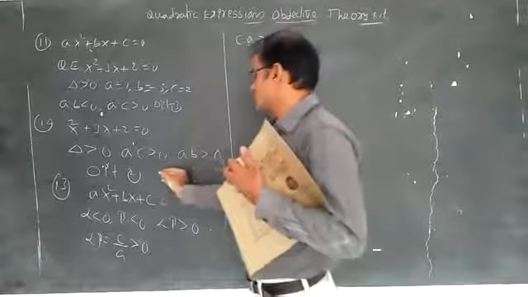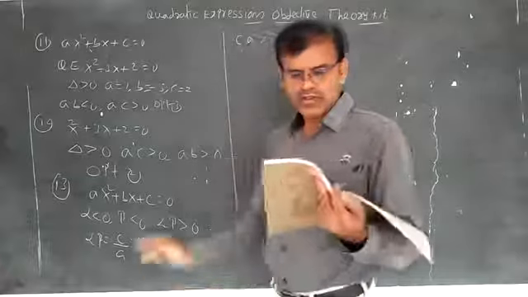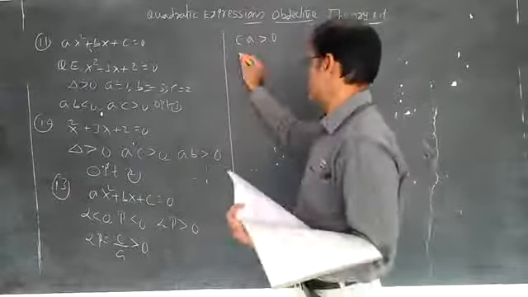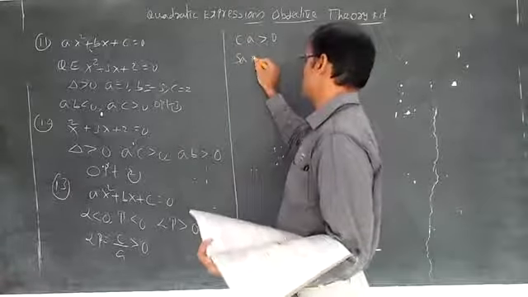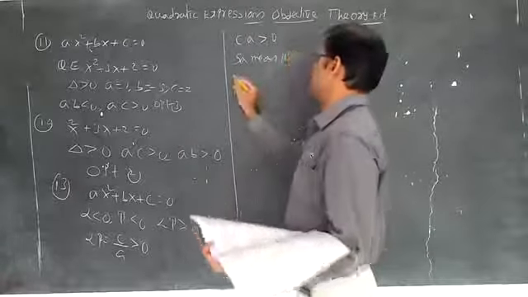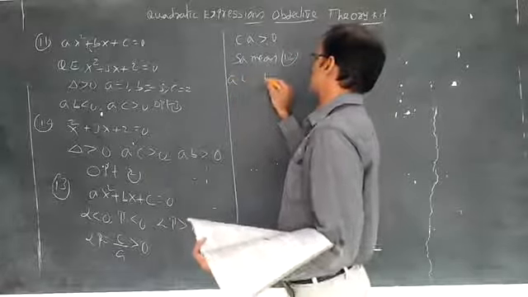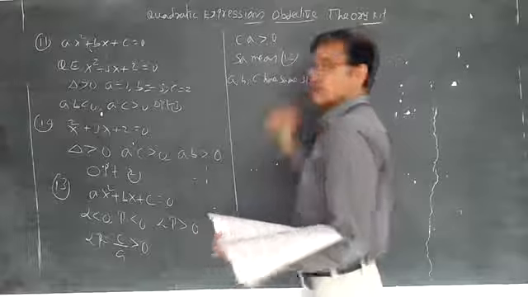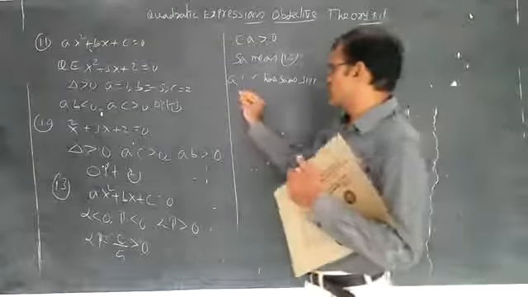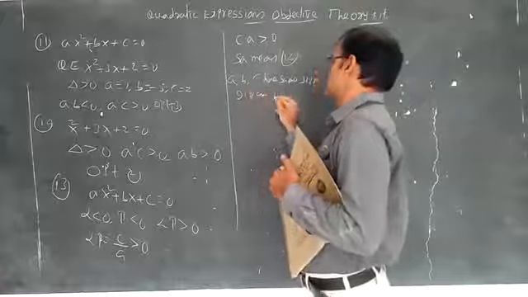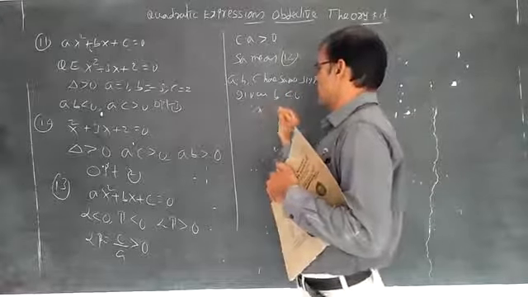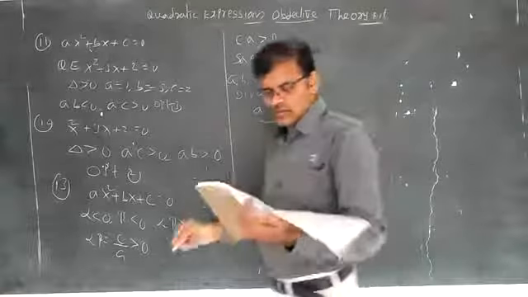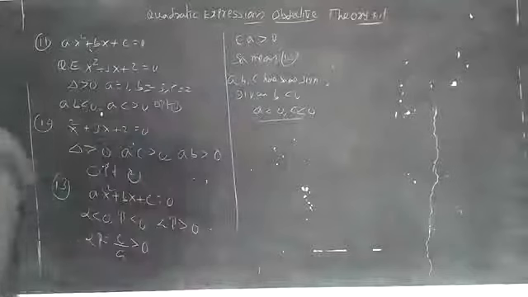So here we observed that whenever both roots are negative, a, b, c have the same sign, same as in 12. You write: a, b, c have the same sign. Given b less than 0, therefore 100% a less than 0 and c less than 0, because minus into minus is plus.